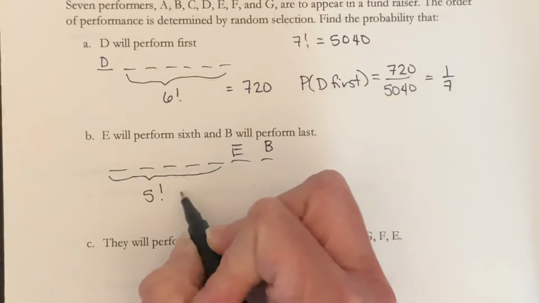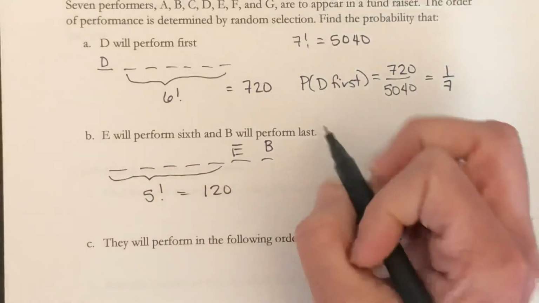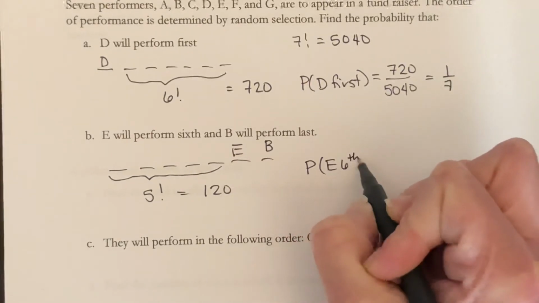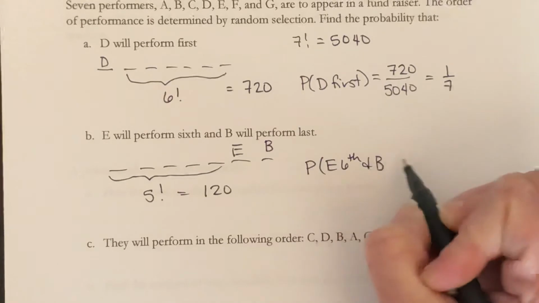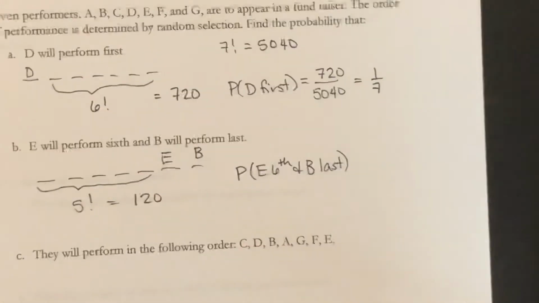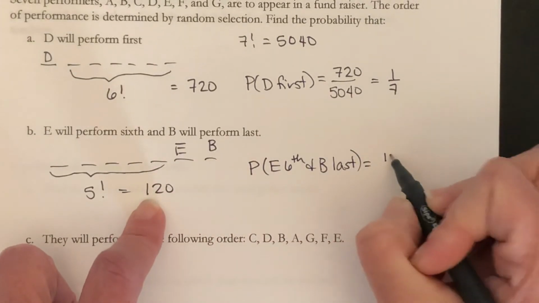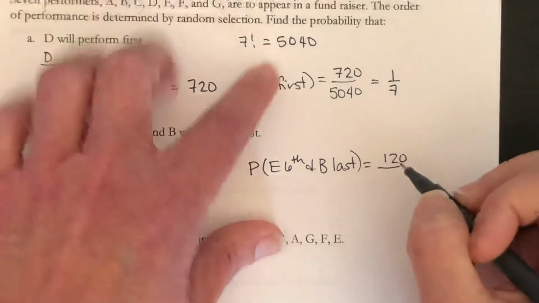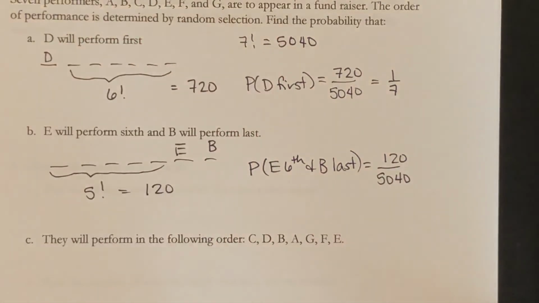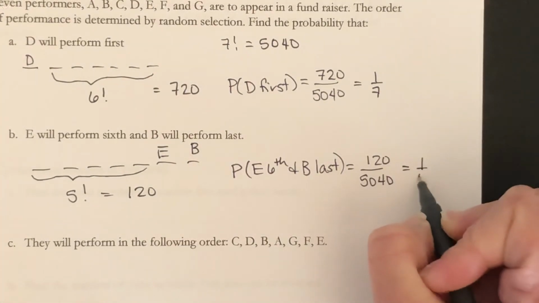Okay, 5 factorial is 120. So the probability that E is sixth and B is last would be 120 out of the 5,040, which will reduce to 1/42.